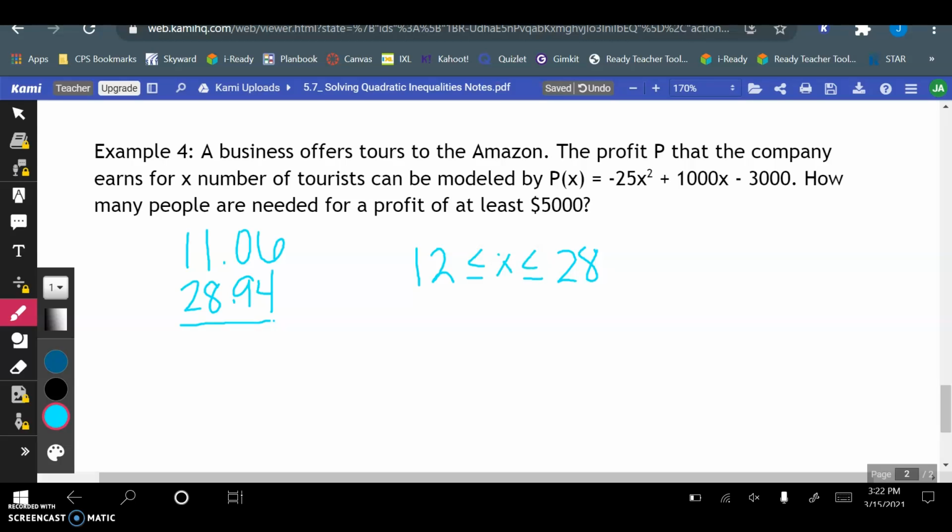So I did this using Desmos because it's pretty easy to zoom in and out and around where we need to be. On the graphing calculator it is not as easy. So if we're not using a graphing calculator for this, you would want to use the quadratic formula of negative b plus or minus the square root of b squared minus 4ac all over 2a, and you can plug in your numbers, and you will get.